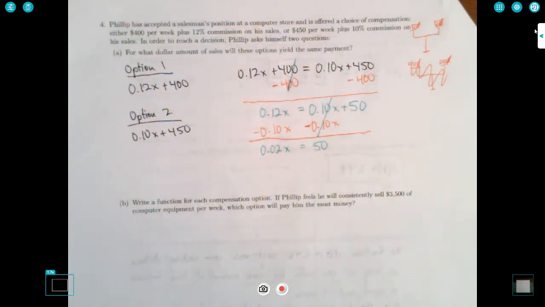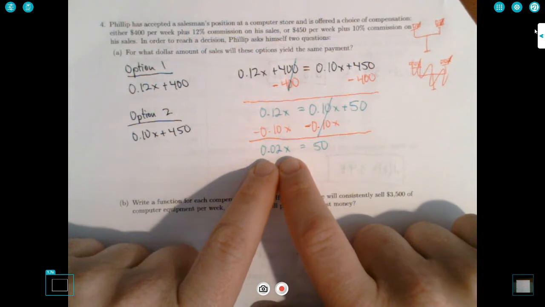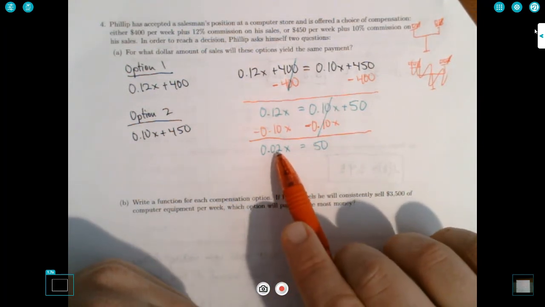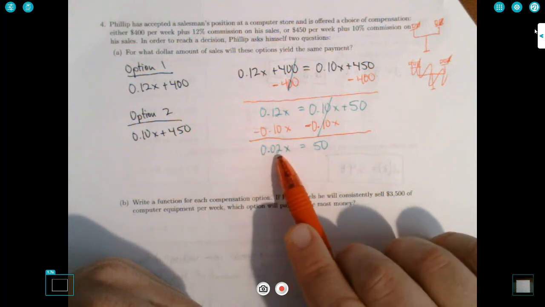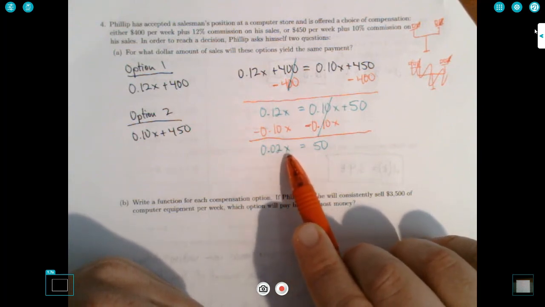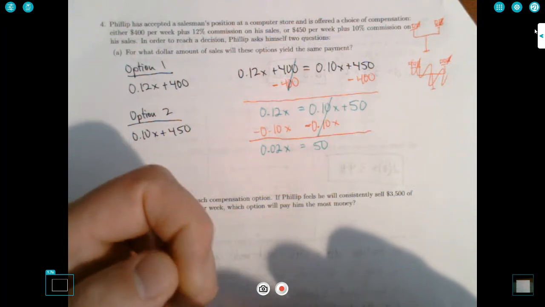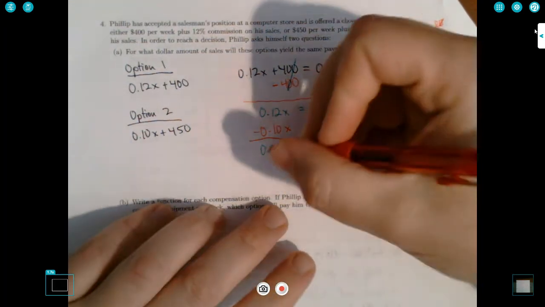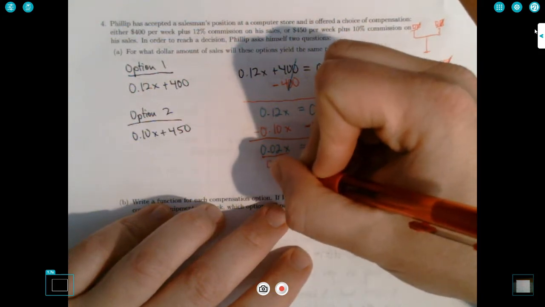And then last but not least, I want to get x by itself. I want to figure out what x itself is. So if I think about what's going on here, it's multiplication, right? I've got 0.02 times x. In order to undo multiplication, I need to do the opposite of multiplication, which is division. So I need to divide by 0.02.